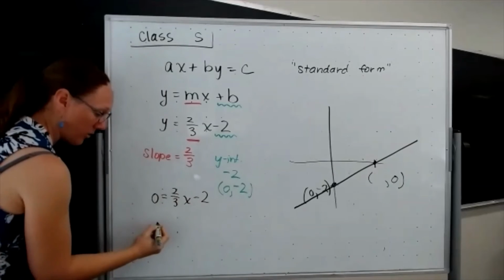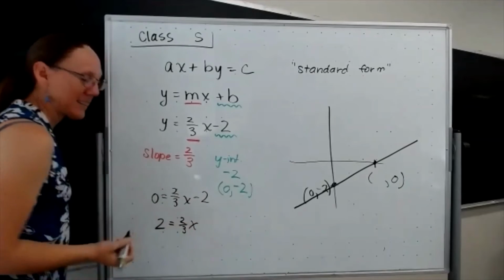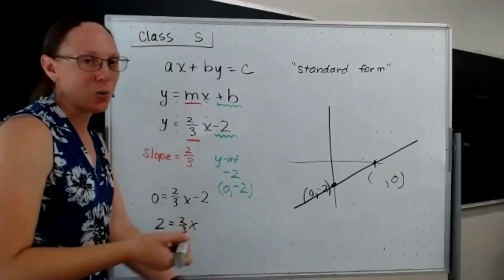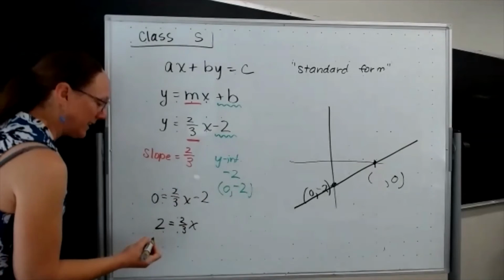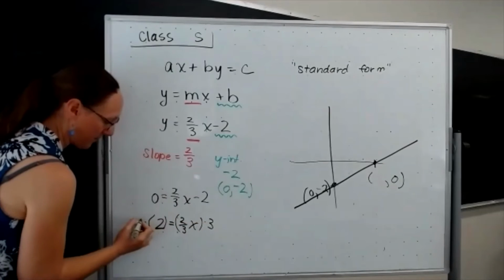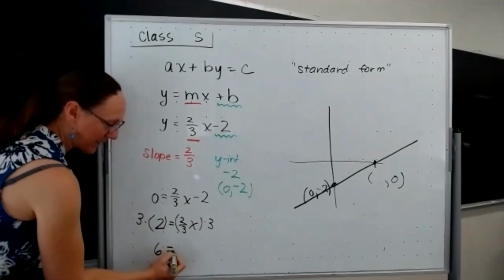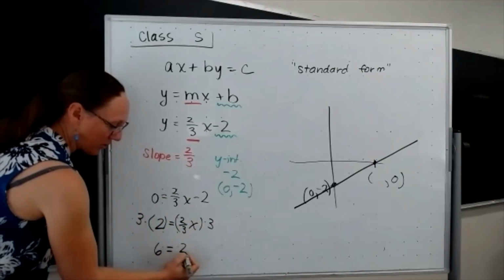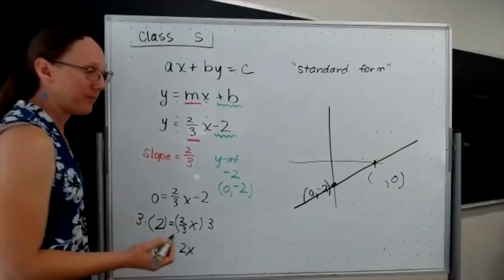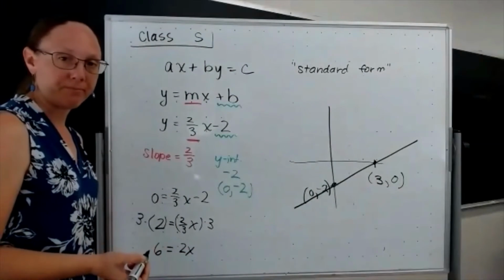I can add 2 to both sides: 2 equals 2/3 x. If you're me, you'd multiply both sides by 3 because you don't want fractions. Now I've got 6 equals 2x, which means that x value must be 3. And there's my graph.